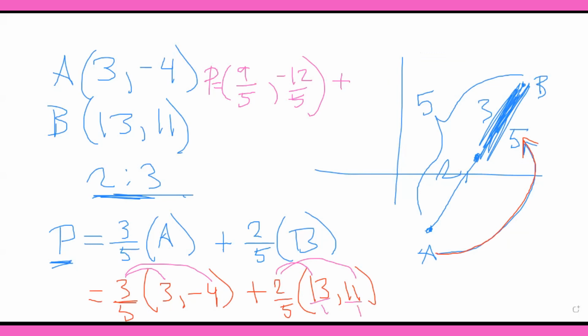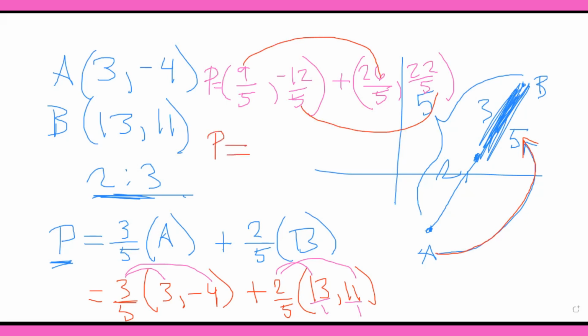We can just picture these are each over 1. So 2 times 13 is 26/5. Kind of a yucky number, but that's okay if I keep them in fractions for now. 2 times 11 gets me 22/5. And if you remember, I can't add x to y, but I can add my 2 x's and I can add my 2 y's. And that is my P coordinate.